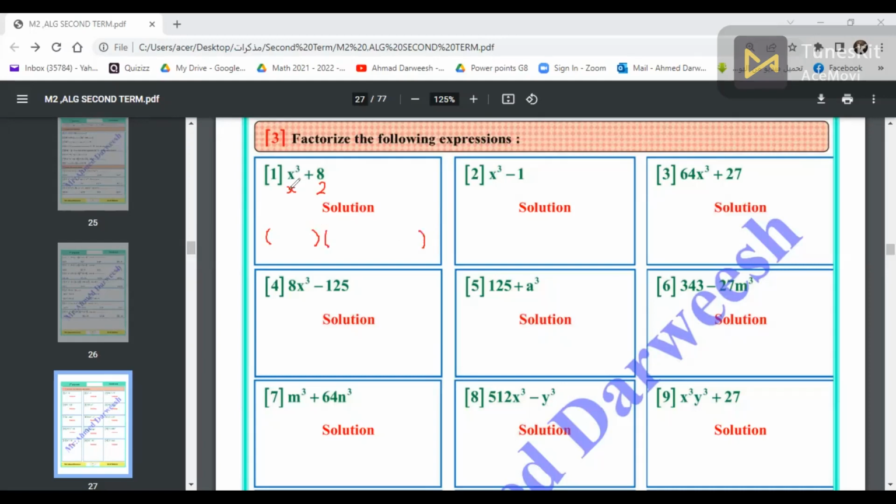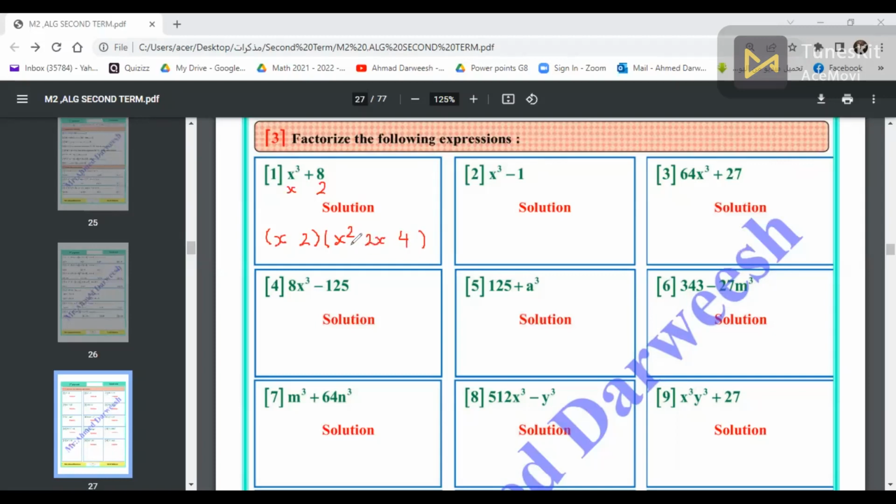We write x and 2 in the first small one, and in the big one we write x to the power 2 first, and 2 to the power 2 is 4, and to find the middle term, we multiply them.